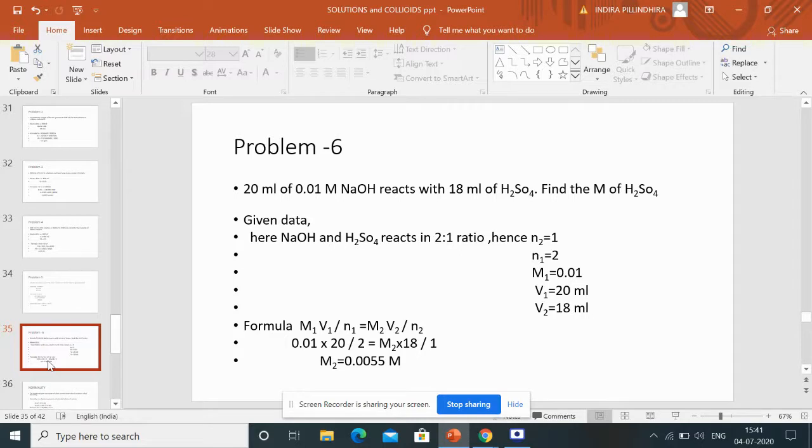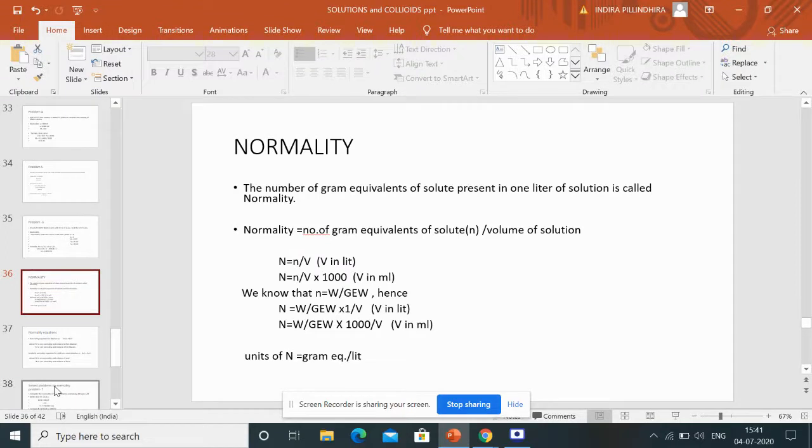Now we will move to the next way of expressing concentration, that is normality. Normality is the number of gram equivalents of the solute present in 1 liter of solution. So normality is equal to the number of gram equivalents of the solute, small n, divided by volume of the solution in liters.